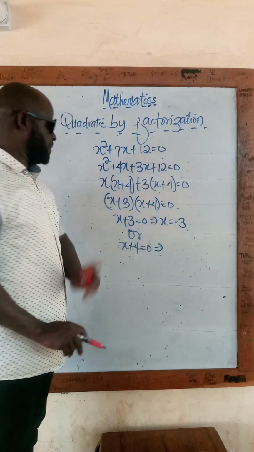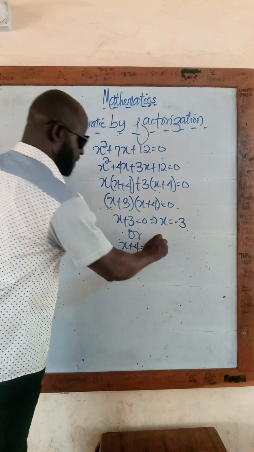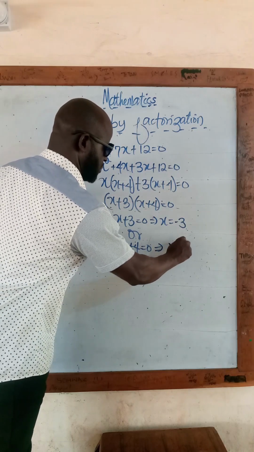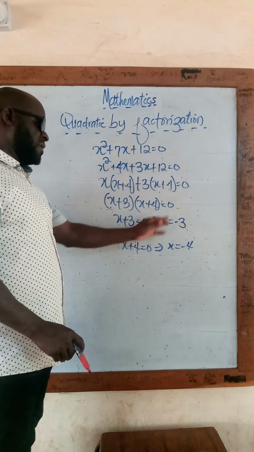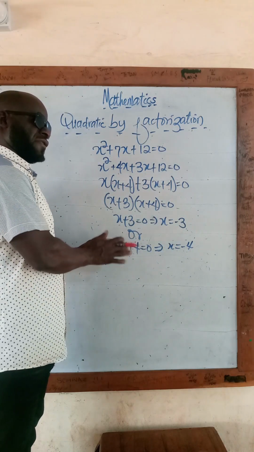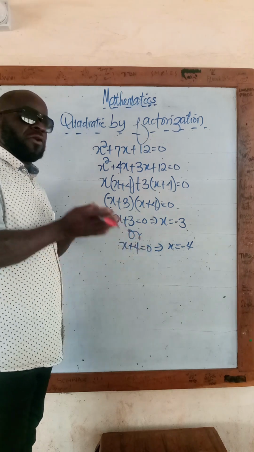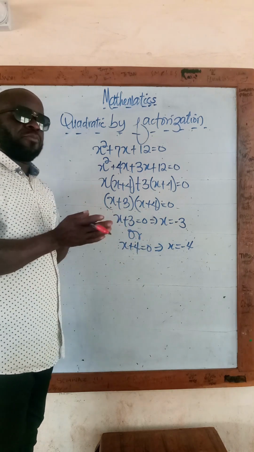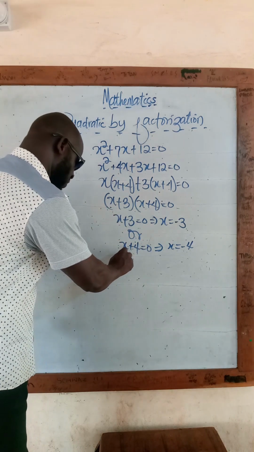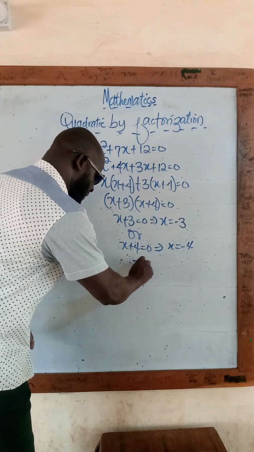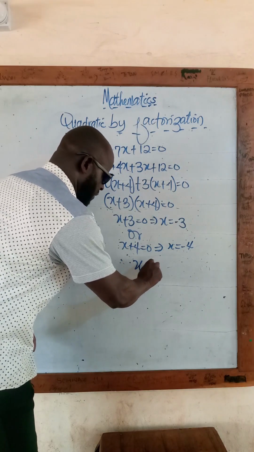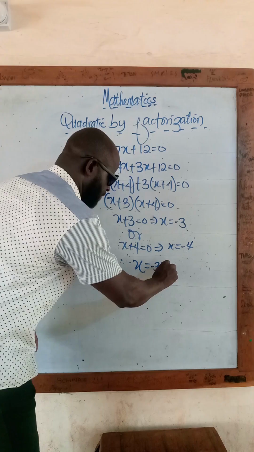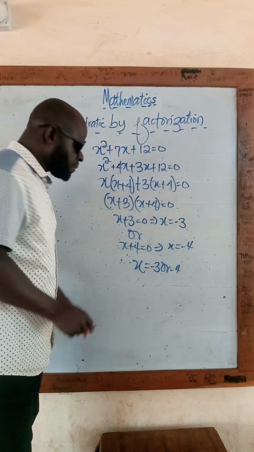By implication, x equals minus 4. Now, these are the answers. But when you are solving it, it's always good to tighten up your responses. You end with: therefore, x is minus 3 or minus 4.